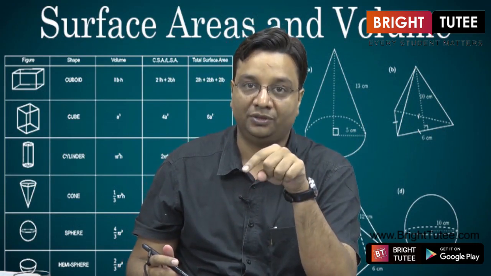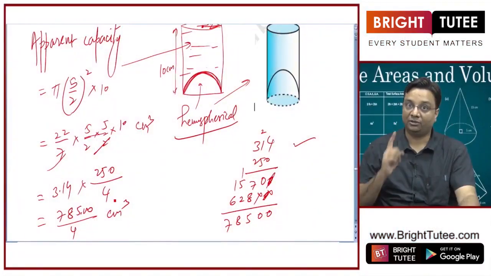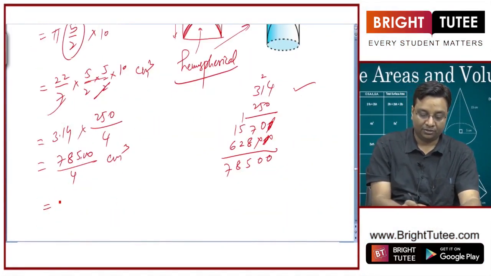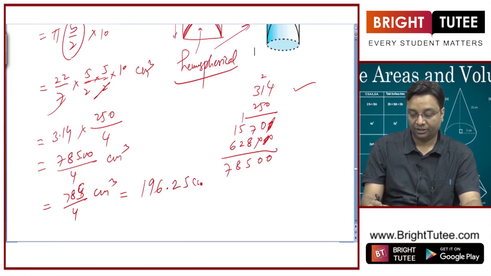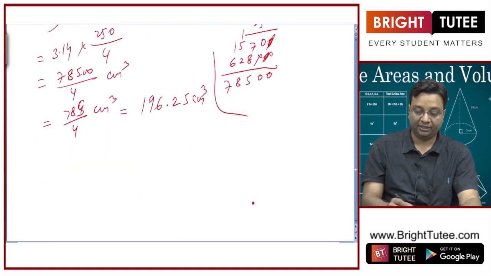There was a hemispherical bottom. So I need to subtract that to calculate the actual capacity. So this is 785 by 4 centimeter cubed. If you want to convert it into decimal form, you can do that also. So this much is the apparent capacity.